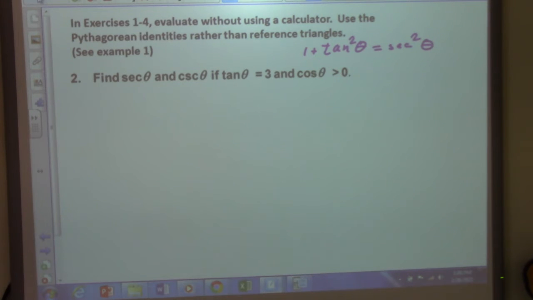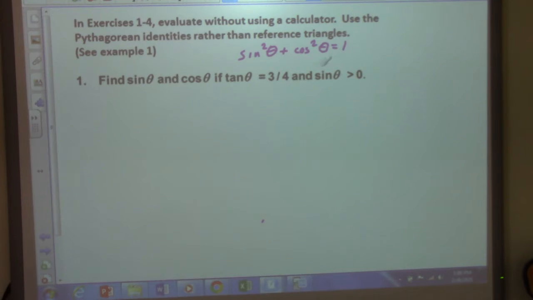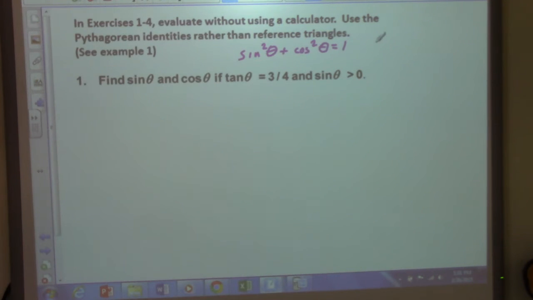I wanted to go to number 1, didn't I? Yeah. Let me go to number 1. Here we go. This is number 1. Somehow I got lost. So here we have find sine theta, and so we're going to have, again, this one right here, 1 plus tangent squared theta equals secant squared theta.